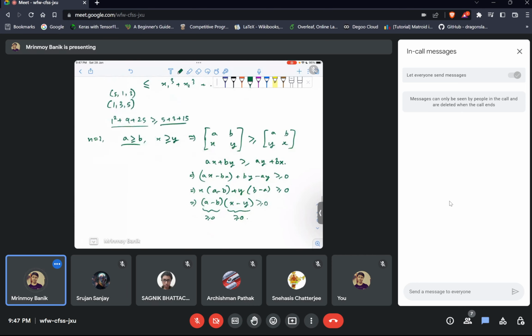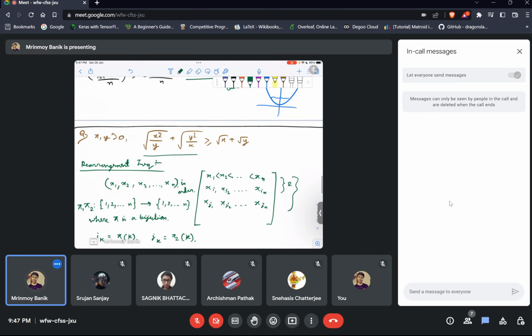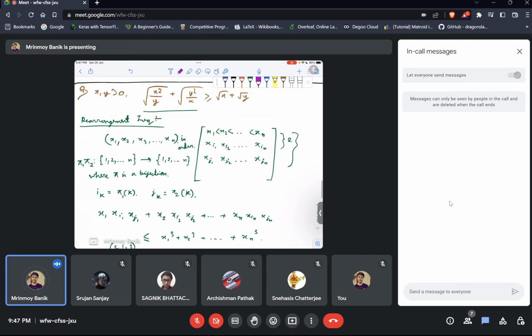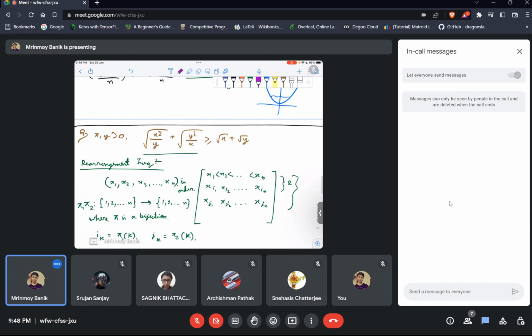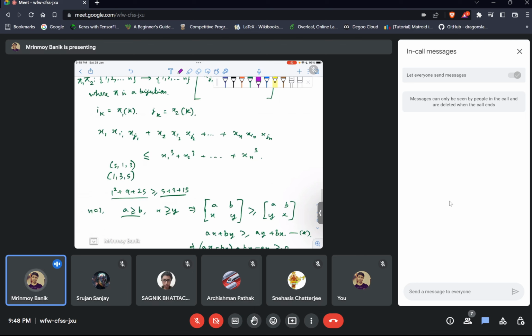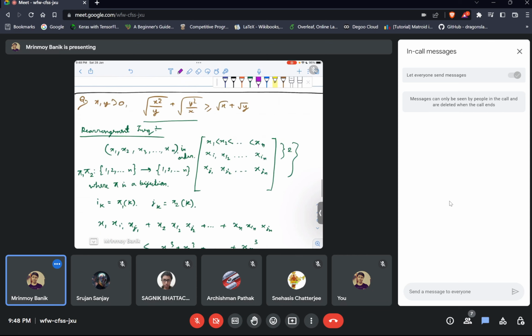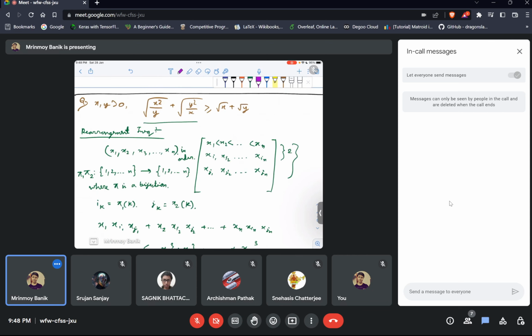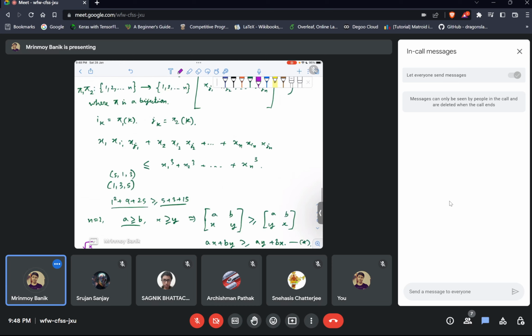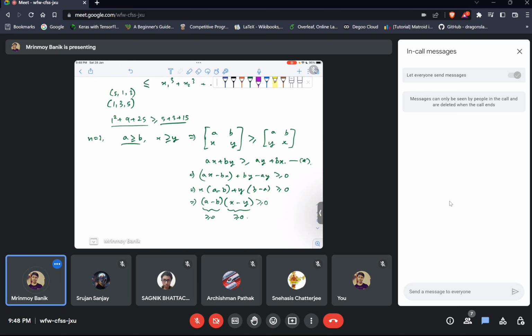So using this inequality, we can now solve our problem. Here you can take square root of x. Without loss of generality, assume that x is greater than y.